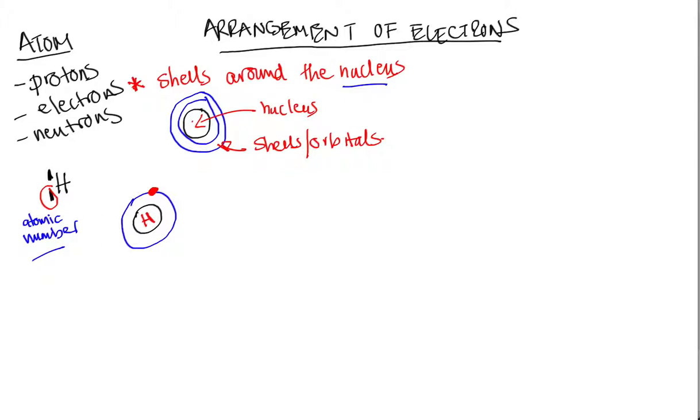Okay, so we can do this for another atom, and this time let's look at helium, which is the next one up. Helium with a mass number of 4 and atomic number 2. Helium will have a nucleus, and it will have a shell.